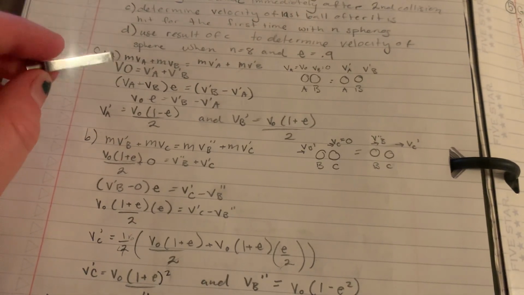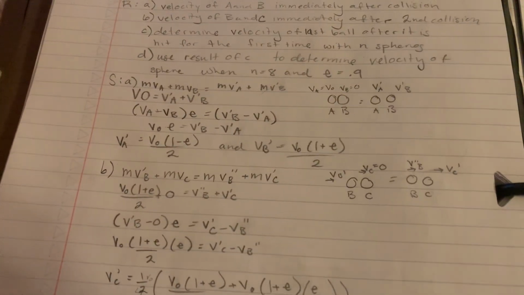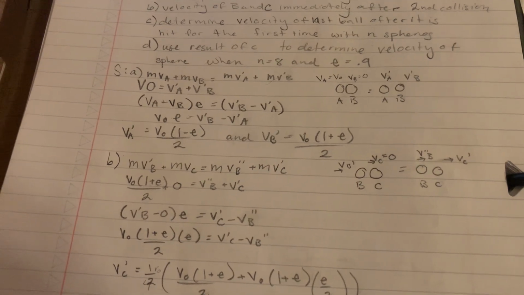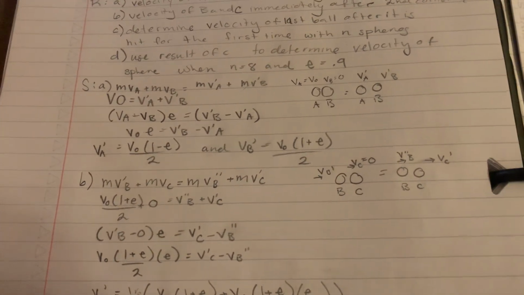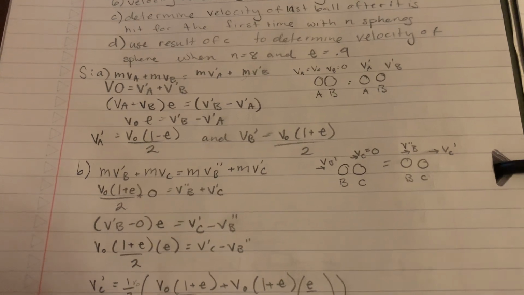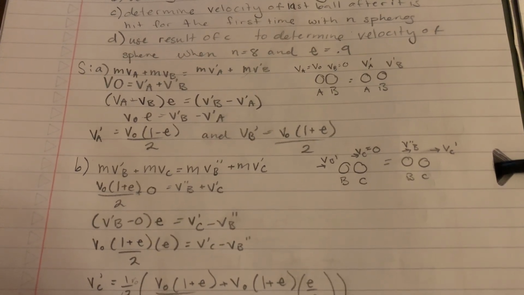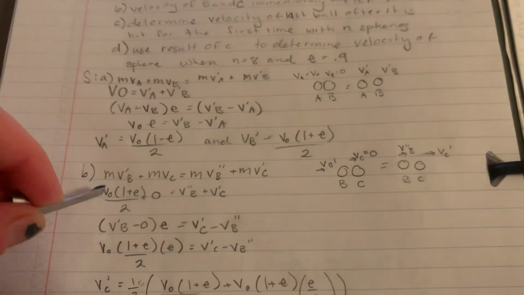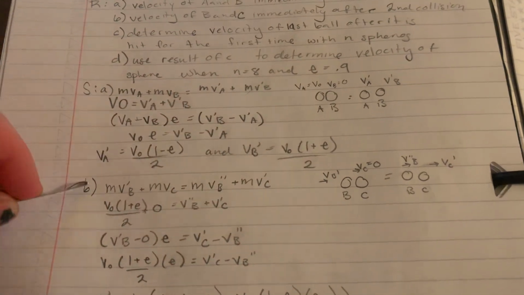So for A, we know that the total momentum is conserved, and then we know the relative velocities, so we can use those equations, solve for them simultaneously, and get these two.